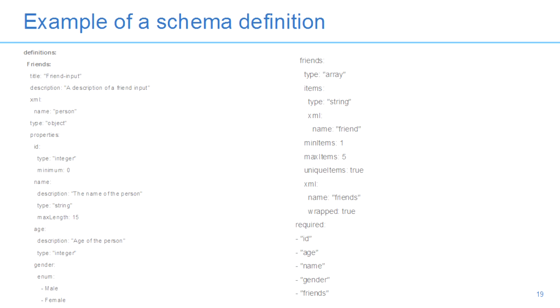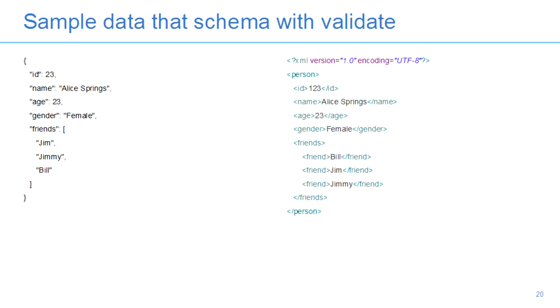That's just so that we can convert this schema into XSD so that it can validate against an XML document as well as a JSON document. So that schema can validate the JSON on the left as well as the XML on the right.